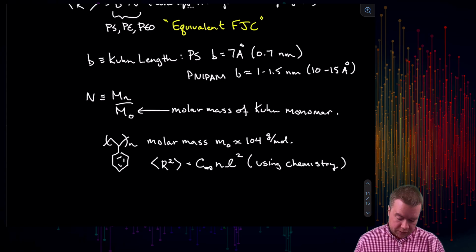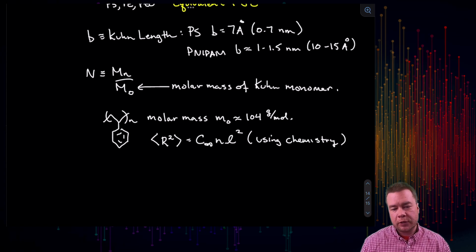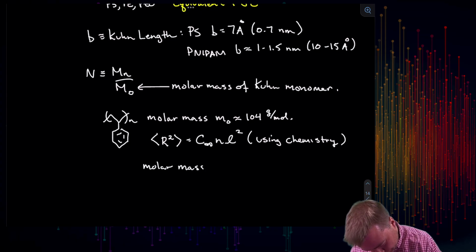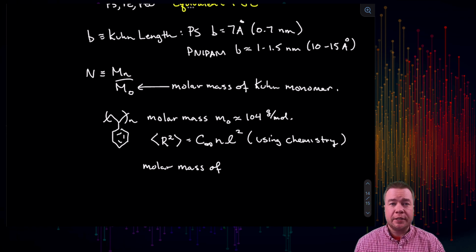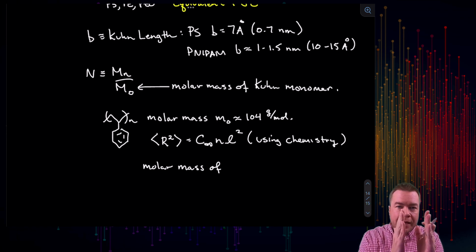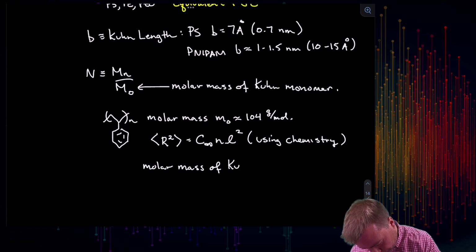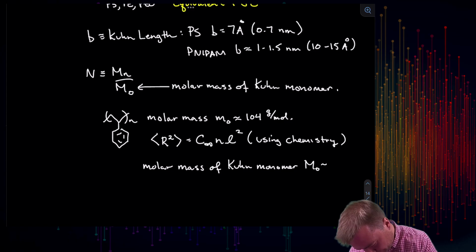The alternative approach is that we get rid of all the chemistry that we're talking about, and instead we know that the molar mass of styrene's Kuhn monomer, which might include many actual styrene monomers, the molar mass of the Kuhn monomer M0 is about 720 grams per mole.